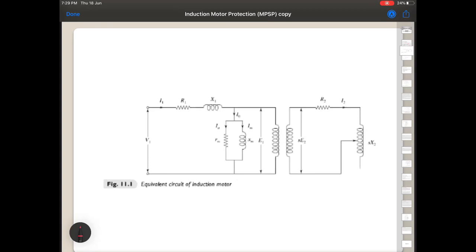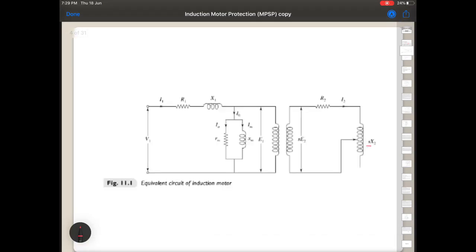The only thing we need to notice is the slip with relation to I2. Since slip is varying, this knob is varying, which is shown as a representation in the equivalent circuit. So if slip is varying, I2 current is varying.